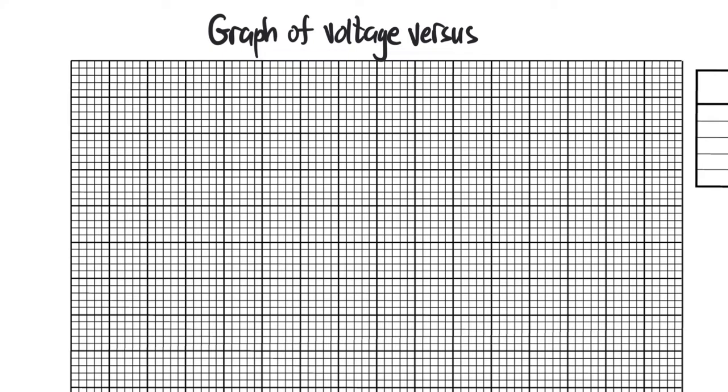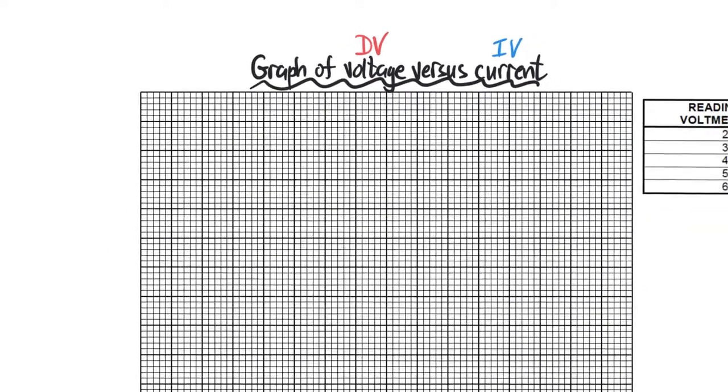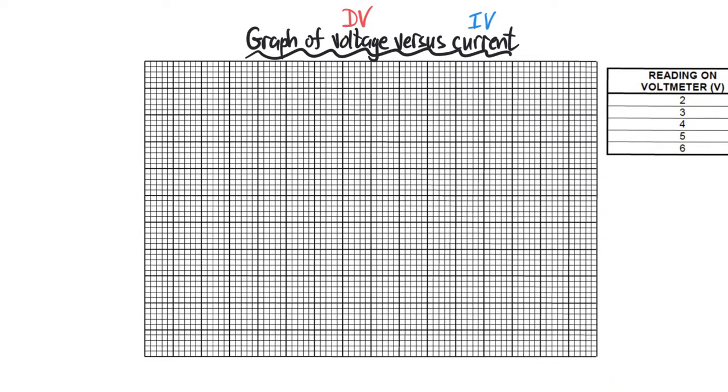We're going to say it's the graph of the voltage versus the current. So here we are explicitly showing that we are working with the voltage as the dependent variable and the current as the independent variable.